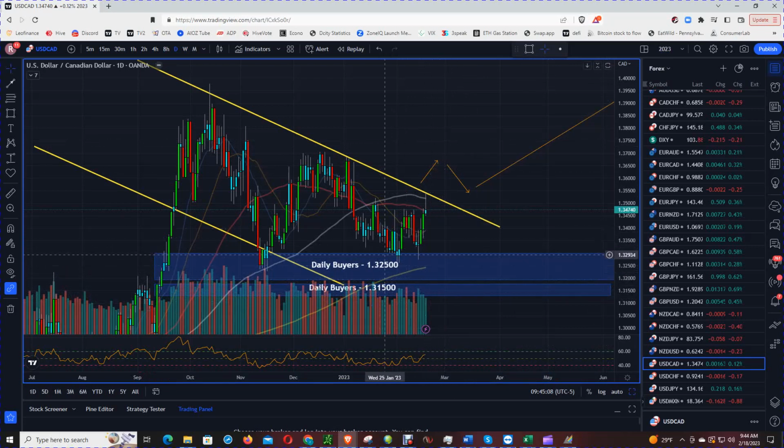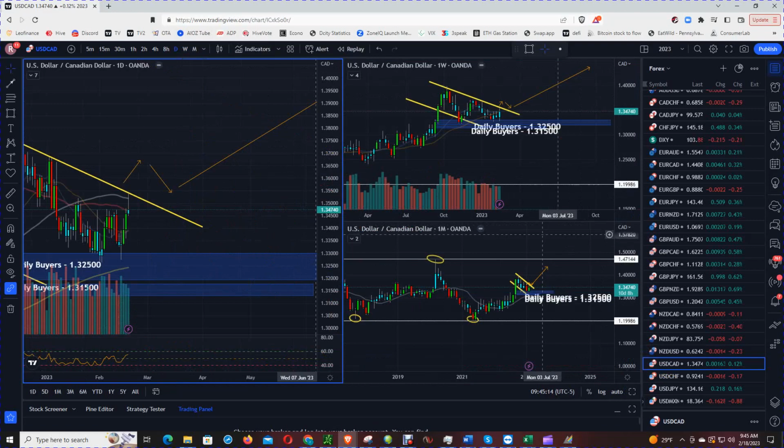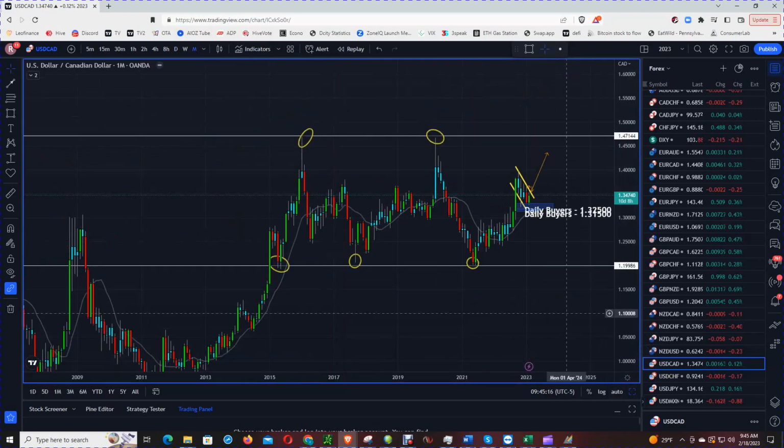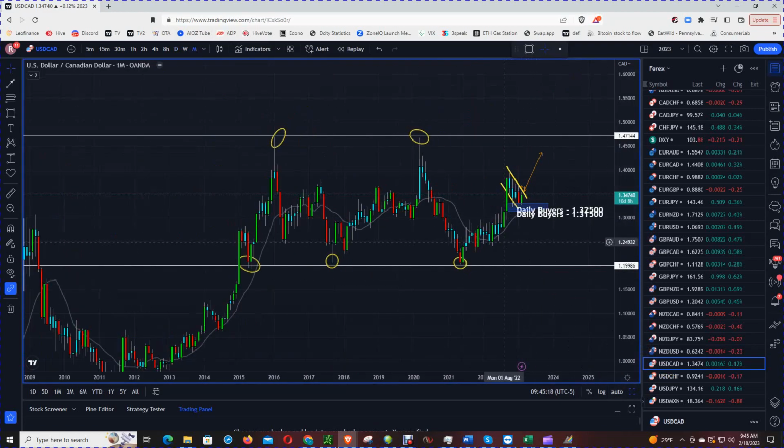Technically, these levels should hold based on, if I go back to the monthly chart, its potential monthly bull flag being supported by daily buyers with really no upward resistance or supply sellers.